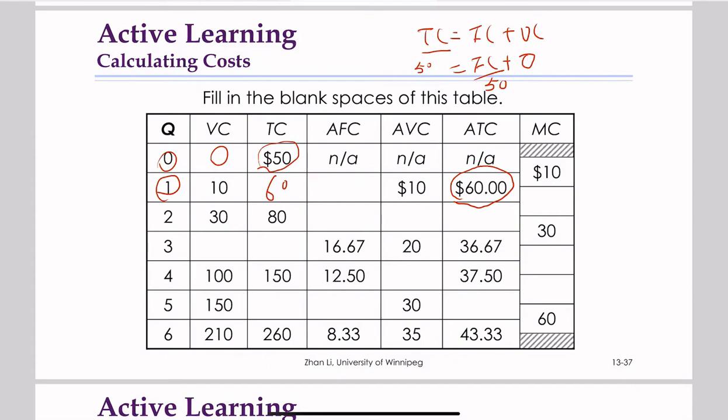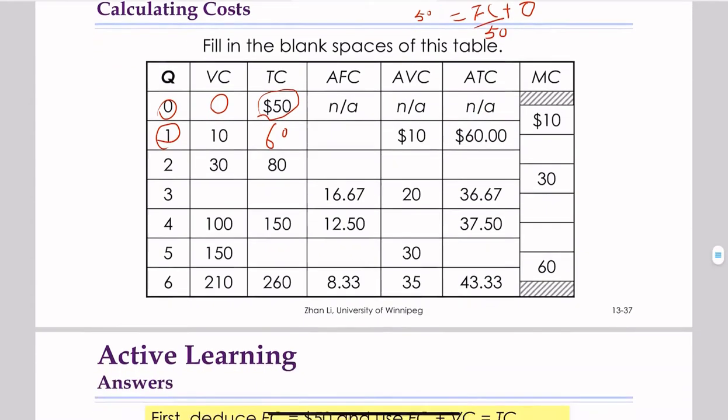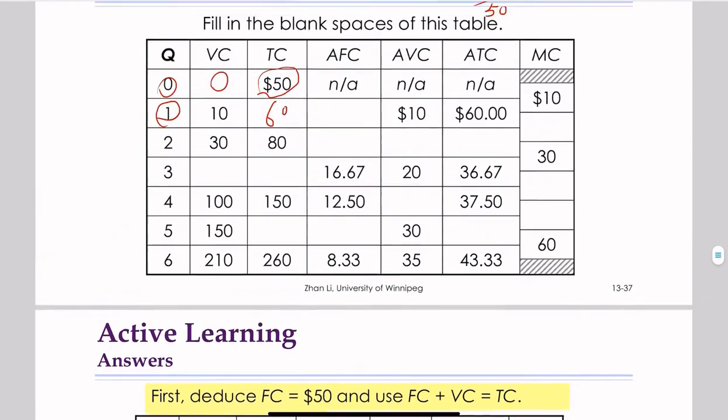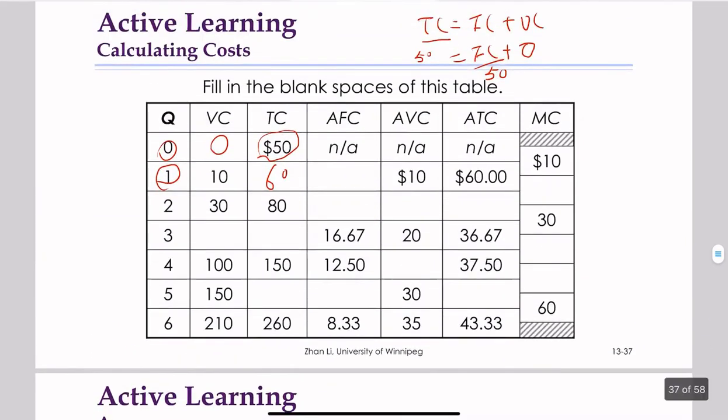Well, average fixed cost equals average total cost minus average variable cost. So this gives you 50, right?